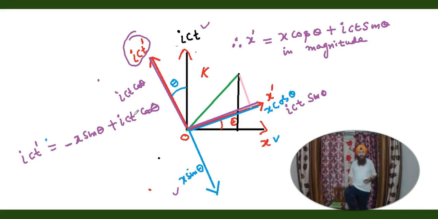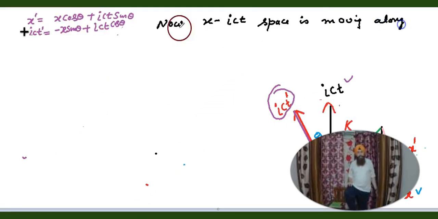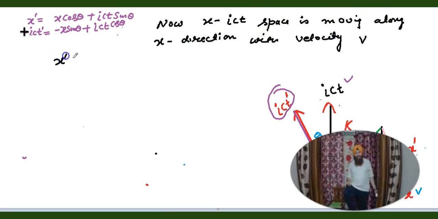This is the value of ICT dash. Writing again, this is very important, I think you will understand: this one equals this value minus this value. X and iota ct is the space.